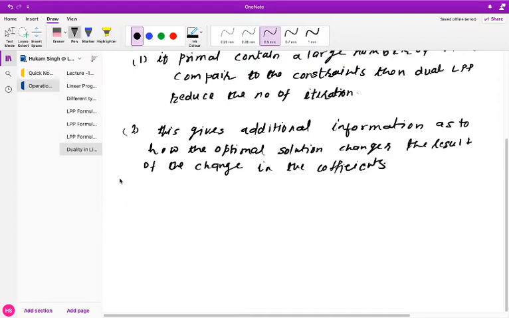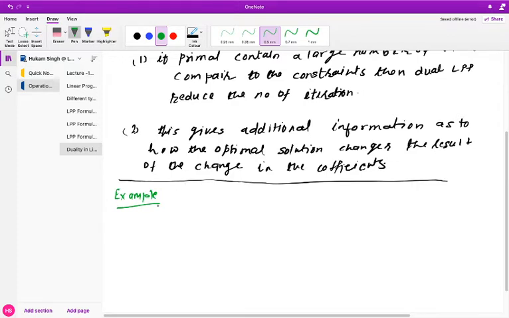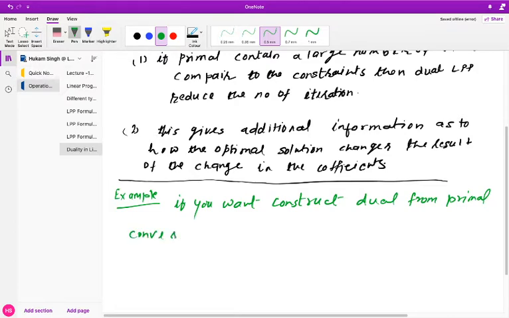Okay, so first of all, if you want to construct the dual from the primal, what you need to do first is convert the given primal LPP into its canonical form.